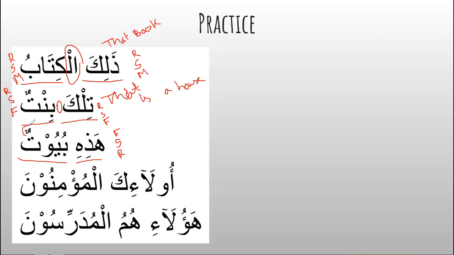It looks like singular, right? It looks like singular, but buyut means houses. So if a word looks like singular and its meaning is plural, that means this word is a broken plural. And broken plurals are considered singular feminine, and it's rafa. So all three properties match and there is no al over here.